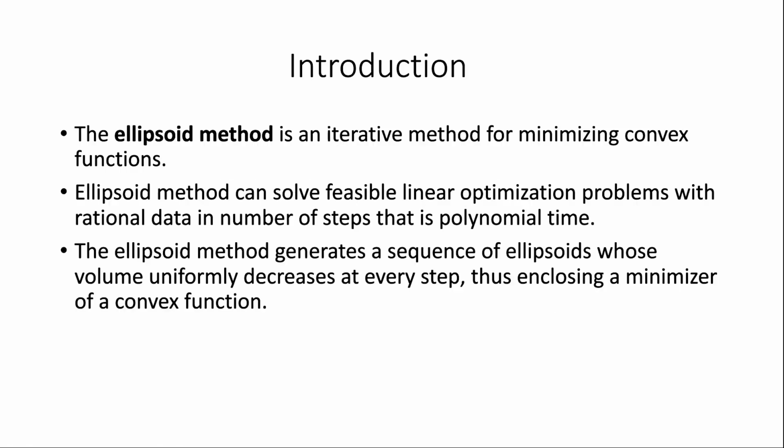The ellipsoid method solves linear programming problems in polynomial time. This method is of enormous theoretical importance because before that we had the simplex method, which solves these problems in exponential time. Certain optimization problems take exponential time for the simplex method, but the ellipsoid method proves that linear programming problems can be solved in polynomial steps.